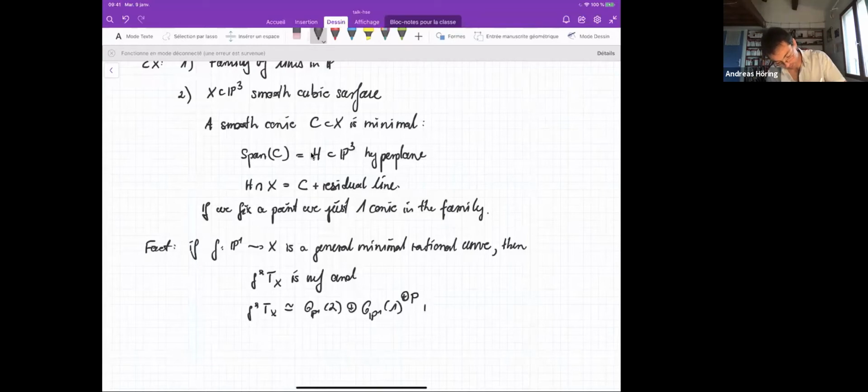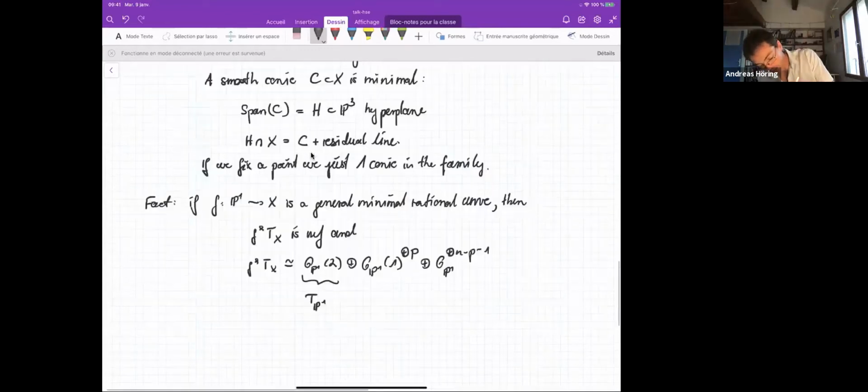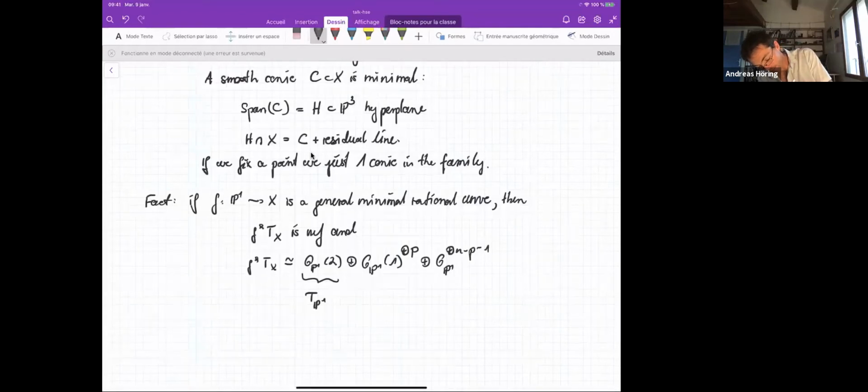Here, of course, this is what comes from the tangent bundle of P1 itself. And then you have these other parts which tell you something about the deformation. And this will hold for some p in n. You will get such a decomposition.